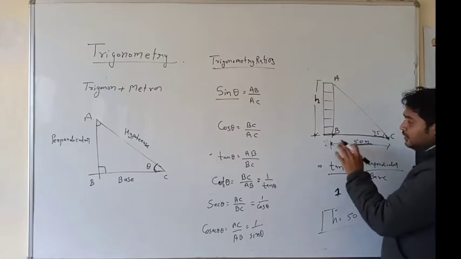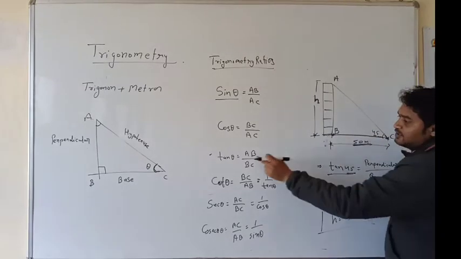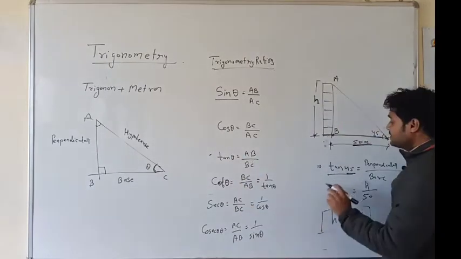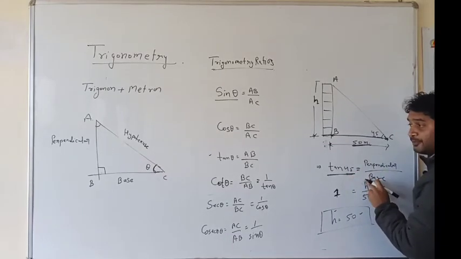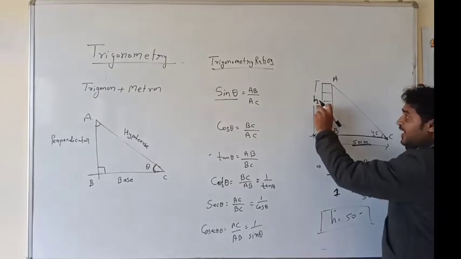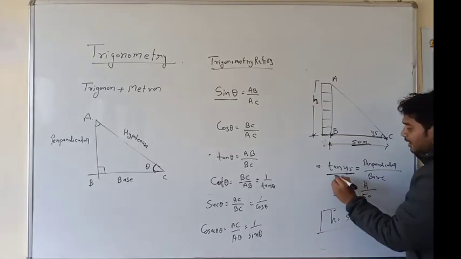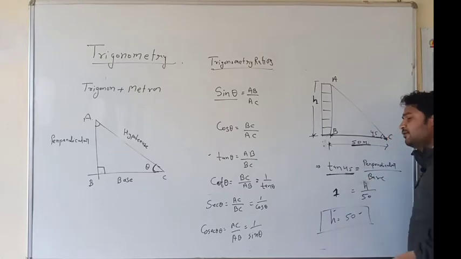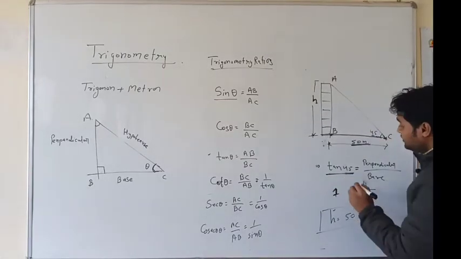So if we think of the AB and BC relation, that means tan theta, so we can say tan 45 will be perpendicular upon base. Here the perpendicular is h, which is unknown, and the base is 50. From the table where all values are written, we need to memorize these values.